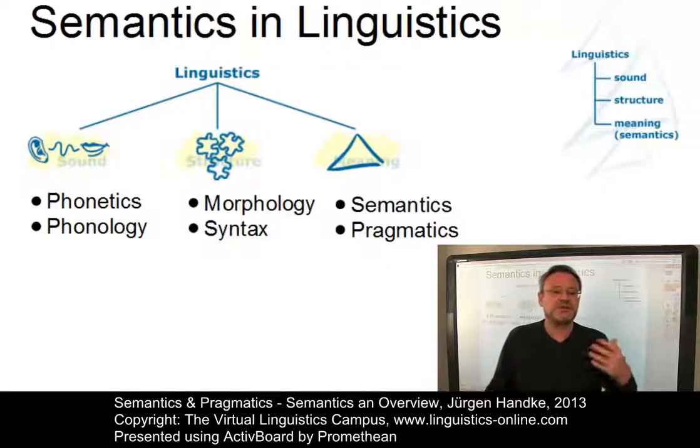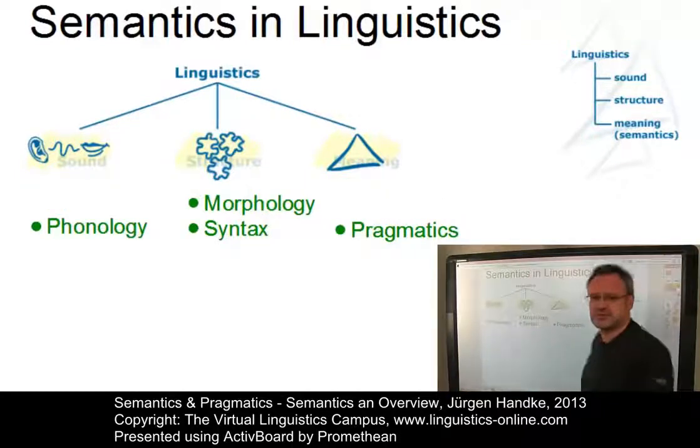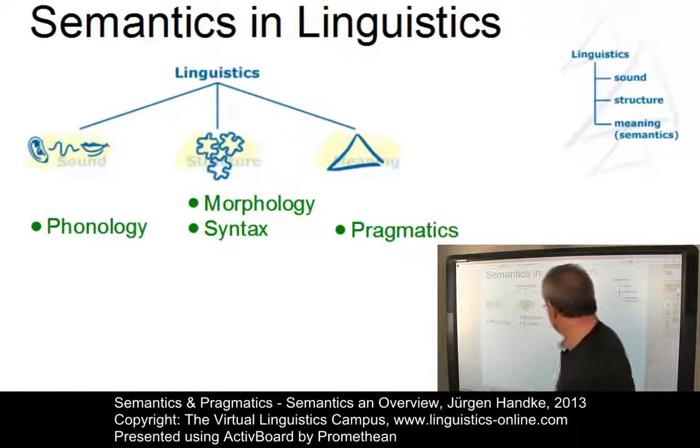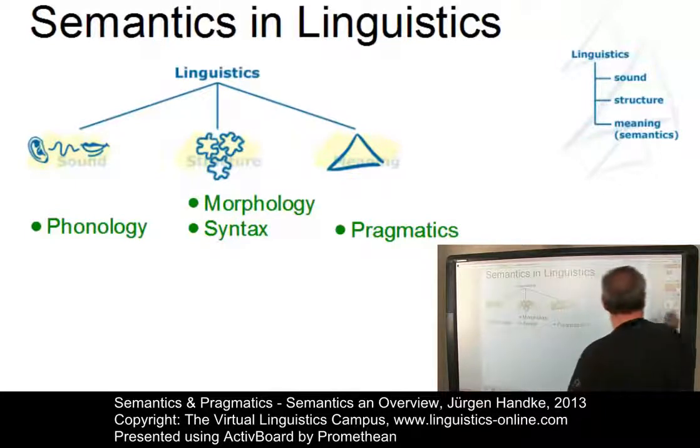Since meaning can be influenced by various linguistic factors, semantics plays an important role in most branches of linguistics, with the exception of phonetics and, of course, semantics itself. This is why we erased it over here. Let us look at some examples.